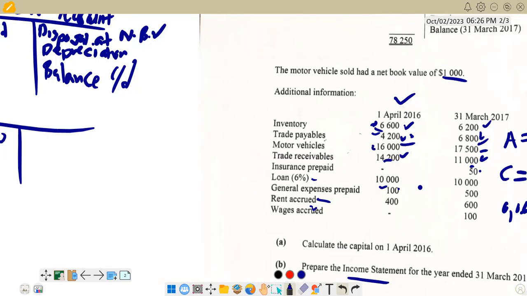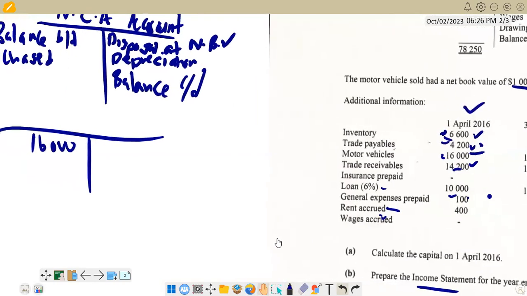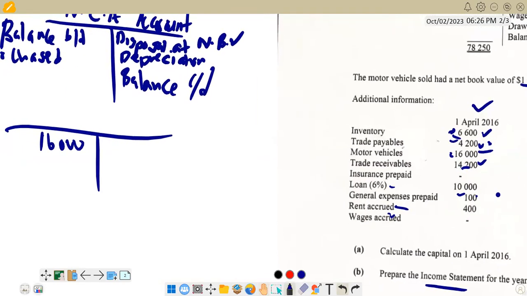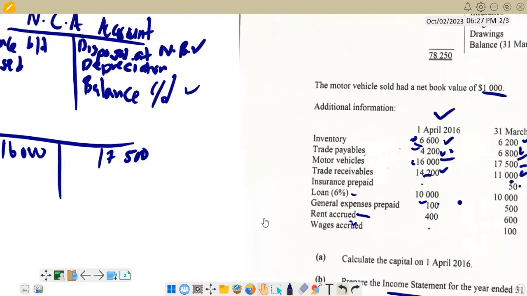So that's our CD, 17,500 on the credit side. Then we are left with disposal at net book value. We were told in the question that it was disposed at 1,000, which is the net book value. The motor vehicle sold at a net book value of 1,000. So we credit it here with its net book value.